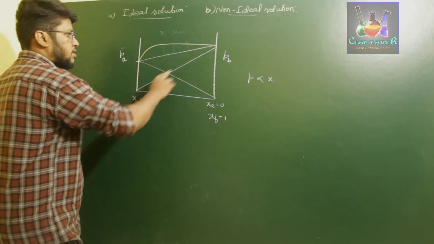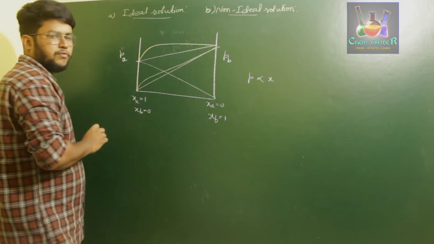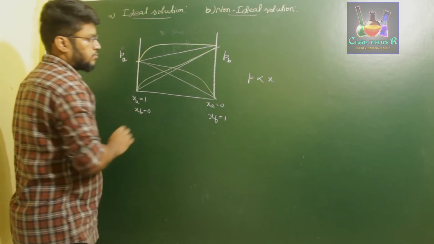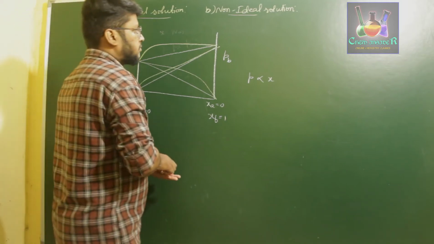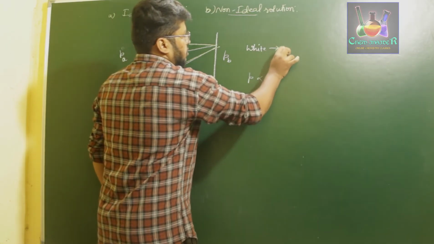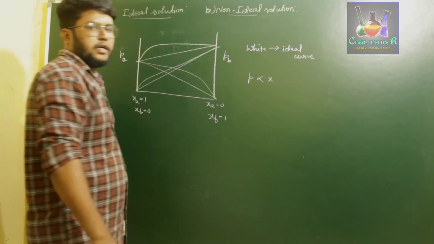The increase will again go up like this. It will be higher than that of the ideal value, and this value will also be higher than the ideal value. So if you clear here, let us say white color denotes the ideal curve.